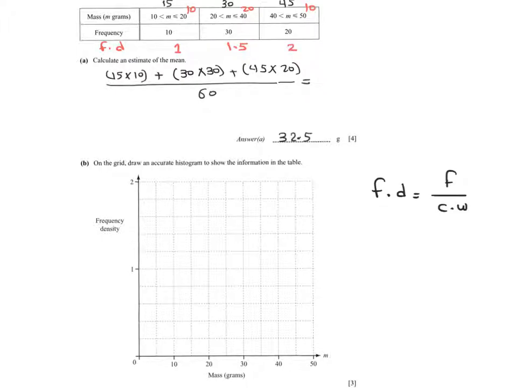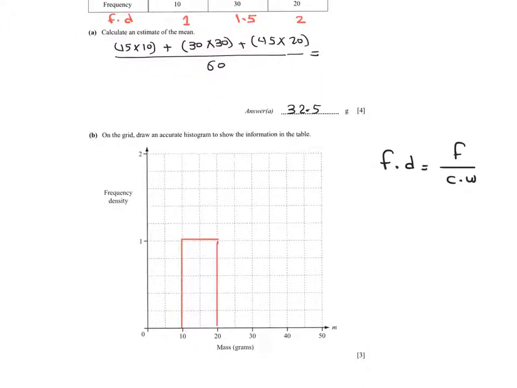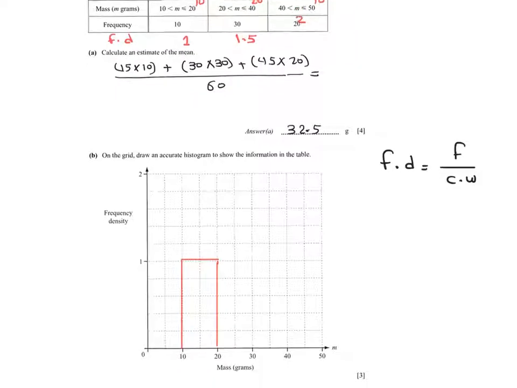Now we have the frequency density and we have the interval itself. The first group is from 10 to 20. The height is 1 because the frequency density is 1. The second group is from 20 to 40 and the height is 1.5.